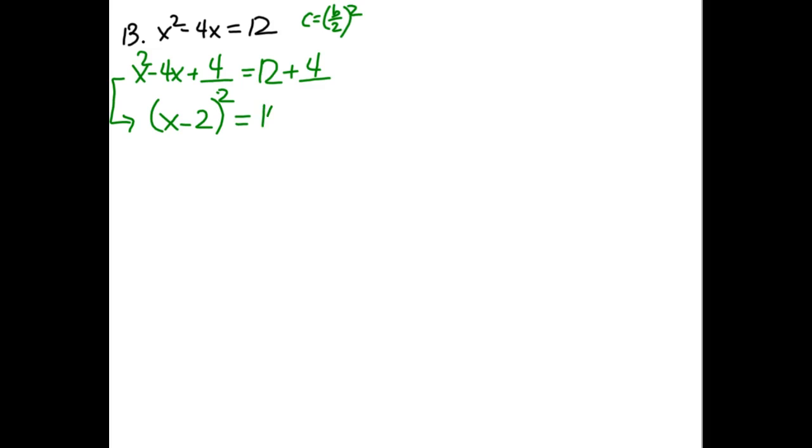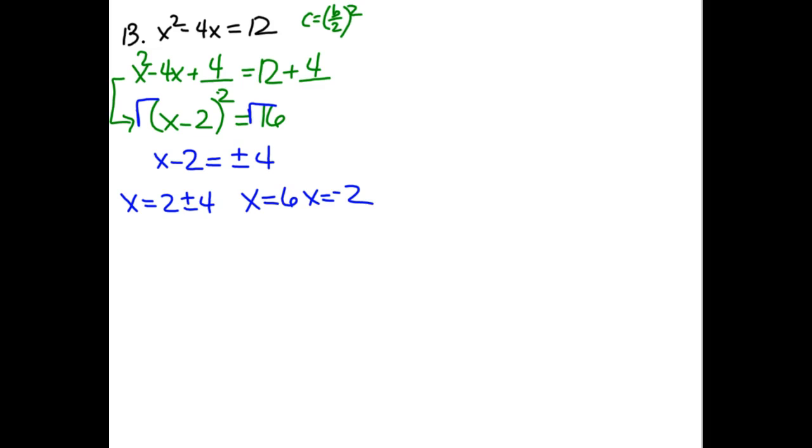And we add those and we get 16. All right, now I've got to take the square root of both sides. So x - 2 = plus or minus 4. Don't forget plus or minus. x = 2 plus or minus 4. So therefore, we've got x = 2 plus 4, which is 6, and 2 minus 4, which is negative 2.